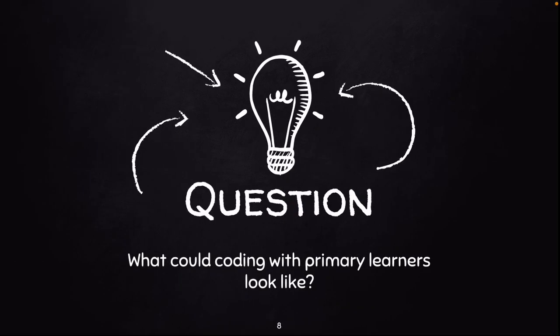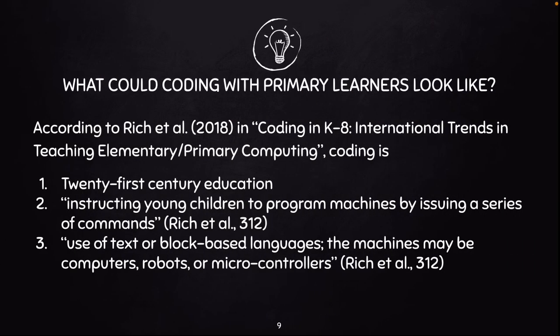So here's a question. What could coding with primary learners look like? According to Rich et al., in Coding in K-8: International Trends in Teaching Elementary or Primary Computing, coding is 21st century education. Although, as per Rich et al., there is relatively little research about those actually teaching computing in the primary grades.